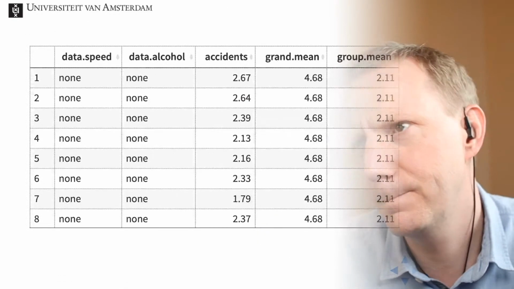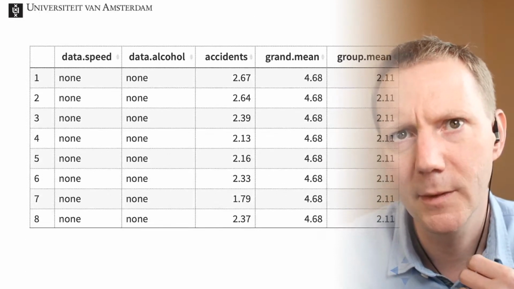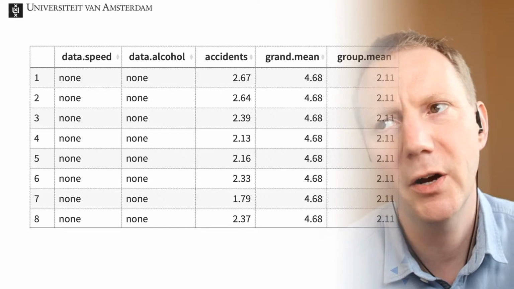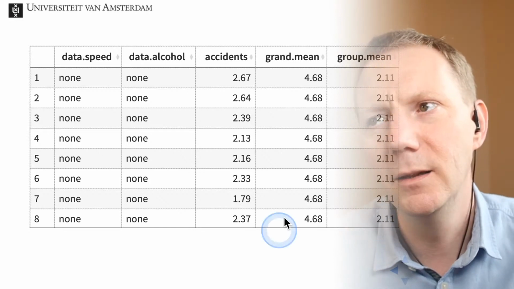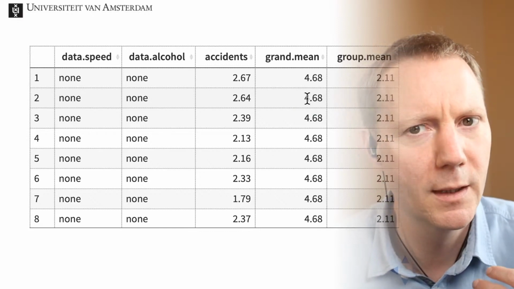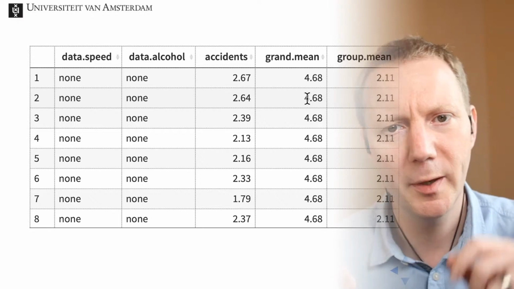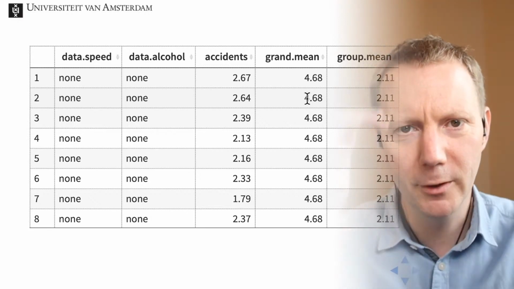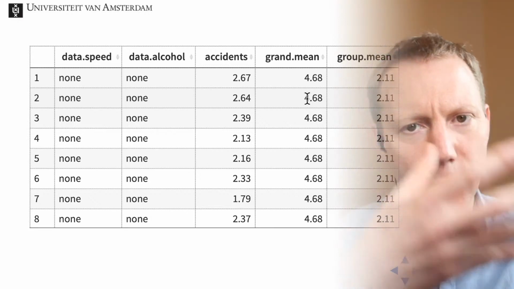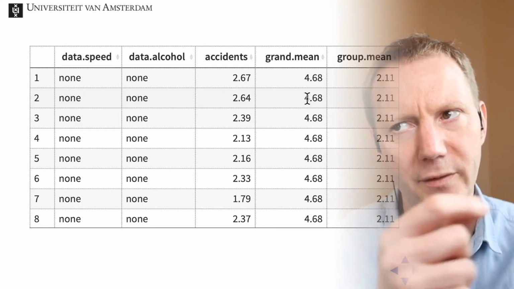So that means that if I want to look at the explained part for the entire model, I have to look at the difference between, and this is in the same line of reasoning that we had with the one-way ANOVA, where we said we have men and we have women and we're looking at their heights, and if you're part of that group, your expected score is the average of that group.